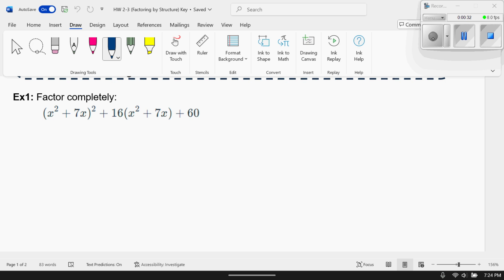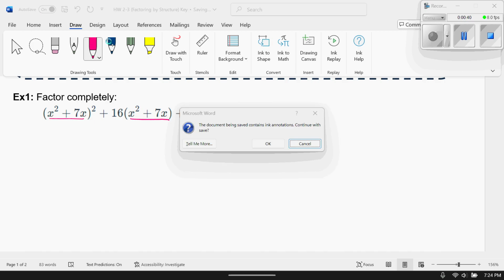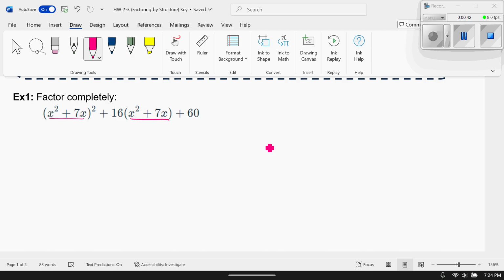But if you notice, it looks like what's on the inside, x squared plus 7x, repeats. And there's also an outside to this expression. We have something squared plus 16 times something plus 60.